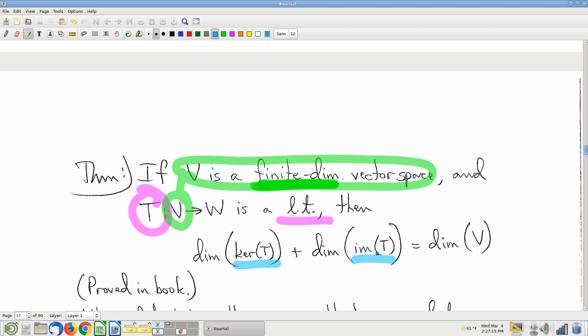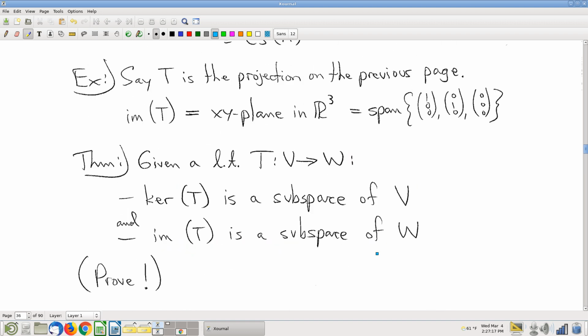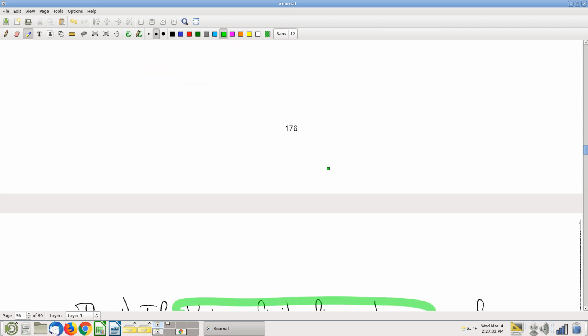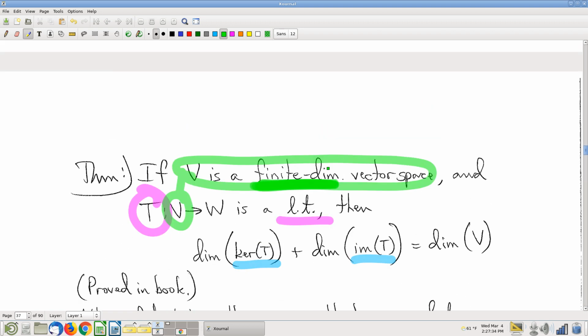This is very surprising. Don't forget, the kernel lives in the domain. The image lives in the target. These two things live in different worlds. But they still have a strong relationship, in that their dimensions add up to the dimension of V itself. So this is, like I say, a surprising result.